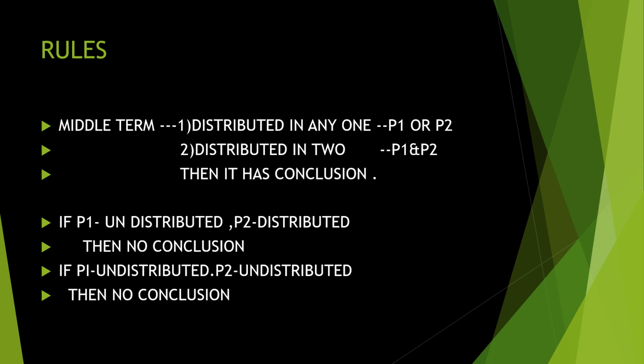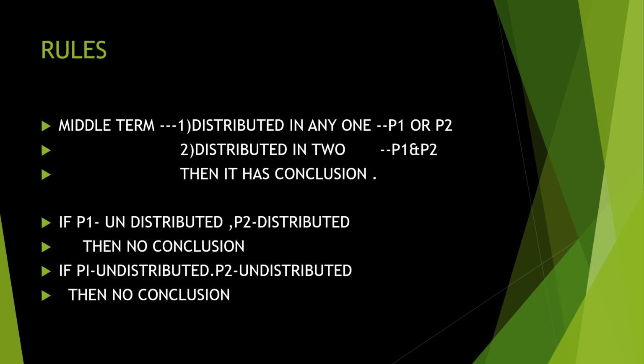Already I told you the distribution law: in sentences with all, the subject; with no, the subject and predicate; with some, none; and with some not, the predicate. After keeping all that, one more point you have to keep in mind to decide whether the sentence is right or wrong.